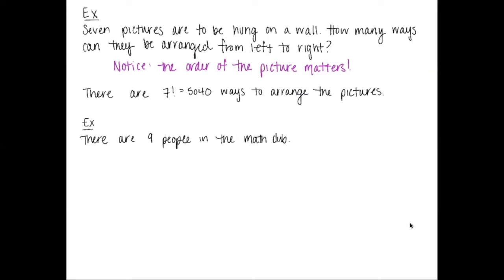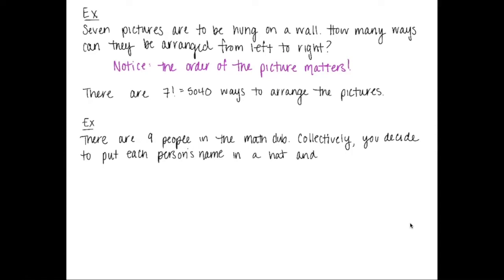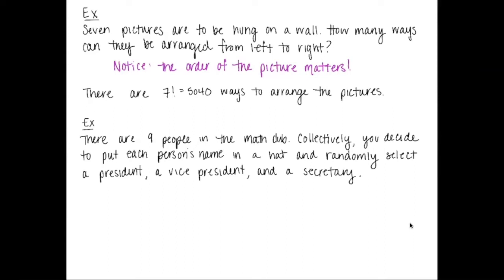Collectively, you decide to put each person's name in a hat and randomly select a president, a vice president, and a secretary. How many different outcomes are possible?